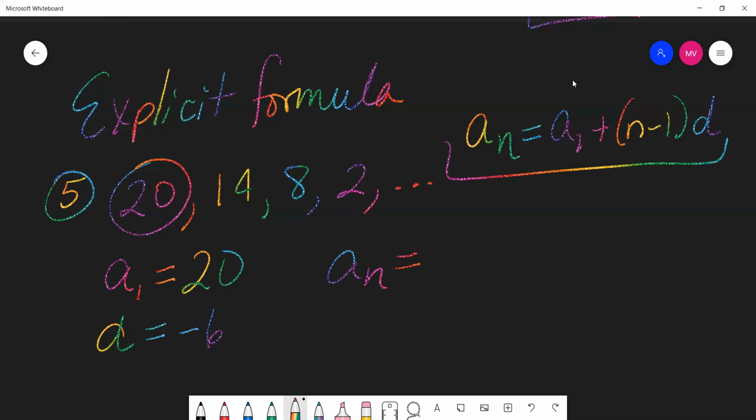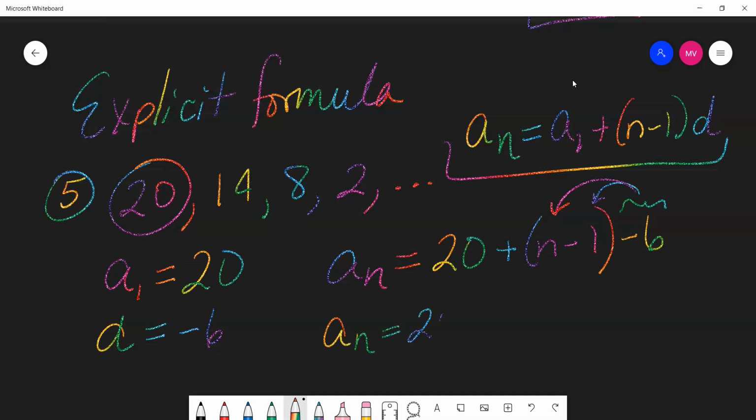A1 is 20, plus n minus 1, times D, which is -6. This is not as simple as we can make it. We need to distribute our -6 into our parentheses to get rid of them. When we do that, we find that A n equals 20 plus what?